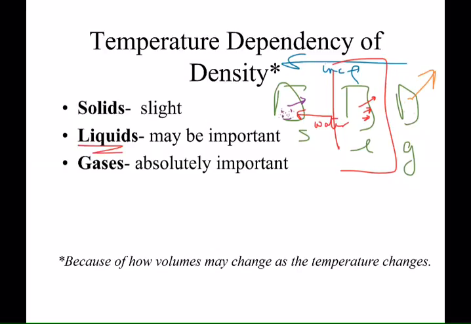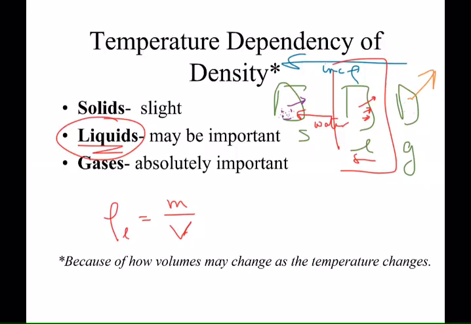If I'm measuring the density of a liquid, I'm going to take the mass of that liquid and divide it by the volume. But as I'm cooling it down, the volume is getting less and less, and water will do that too. As I'm cooling it down, the density will change. So we have a moving target here. What is the density of a liquid? Well, it depends upon the temperature of that liquid.